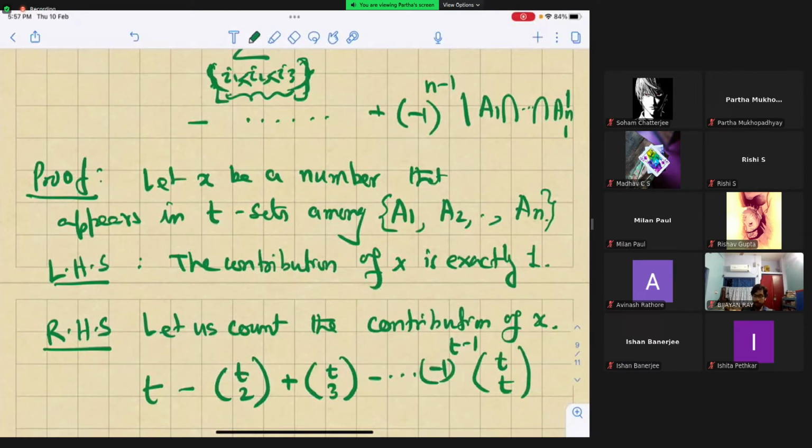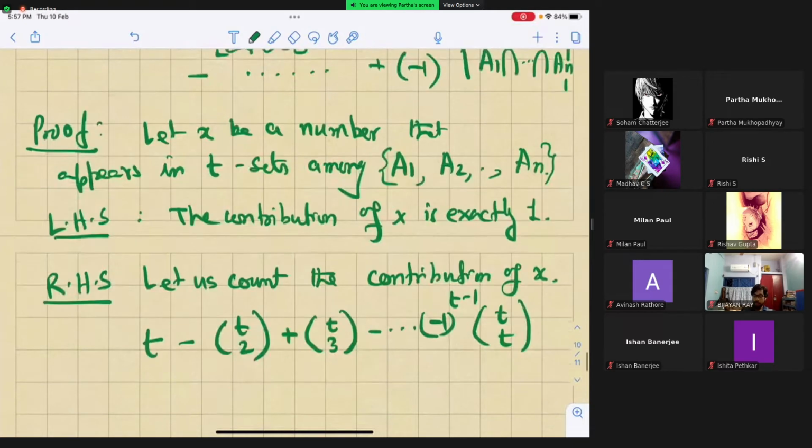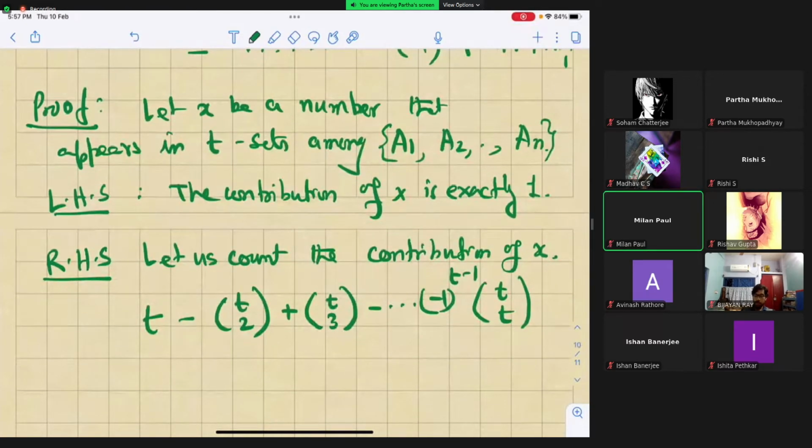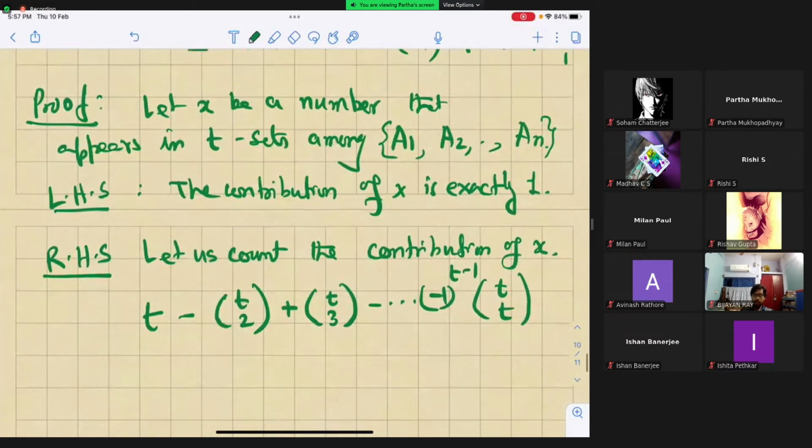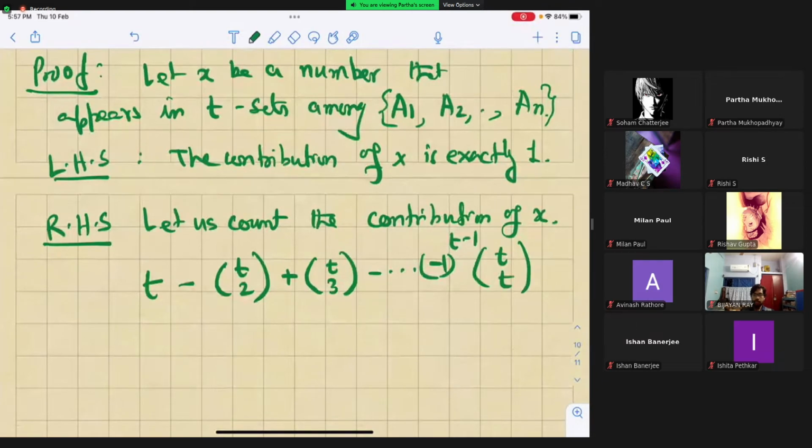Is this clear? Yes, sir. Okay, so now this is very easy, right? So what is this value? This value is 1, right? Why is this value 1?